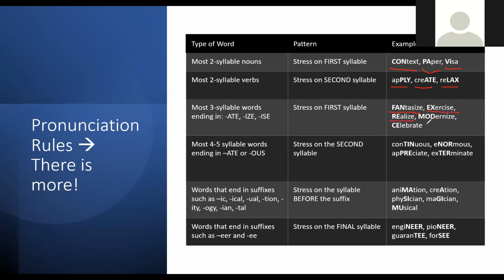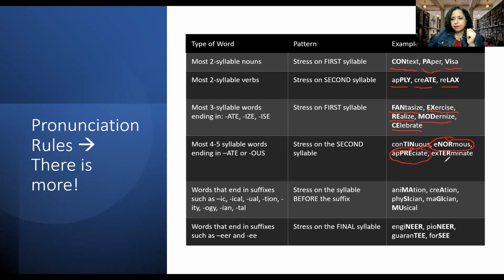Realize. Modernize. Celebrate. Continue. Enormous. Appreciate. Exterminate.